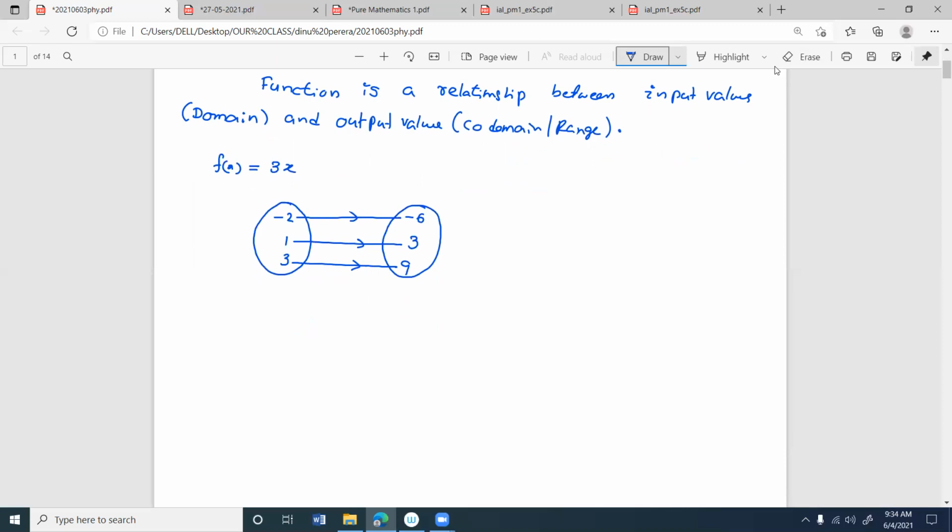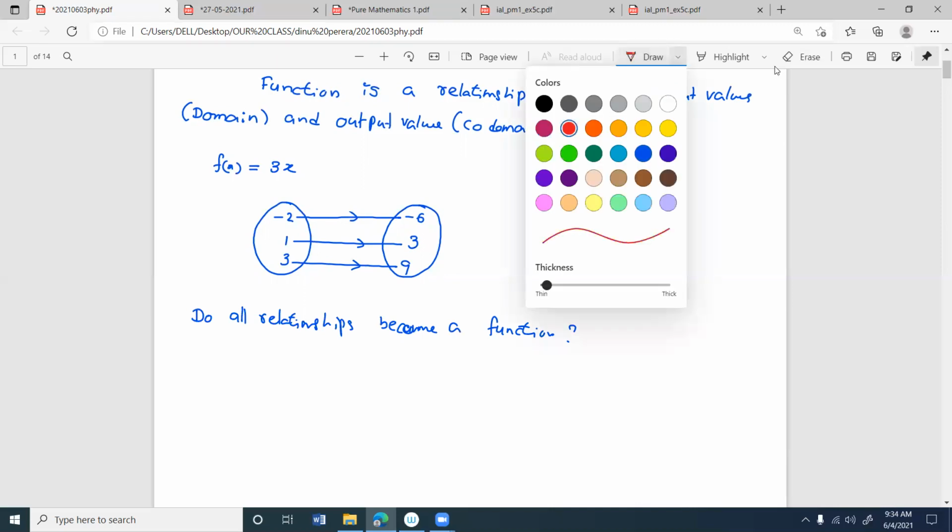If I ask a question like this, do all relationships become a function? If you consider all of these relationships, they cannot all be functions. The simple answer is no.